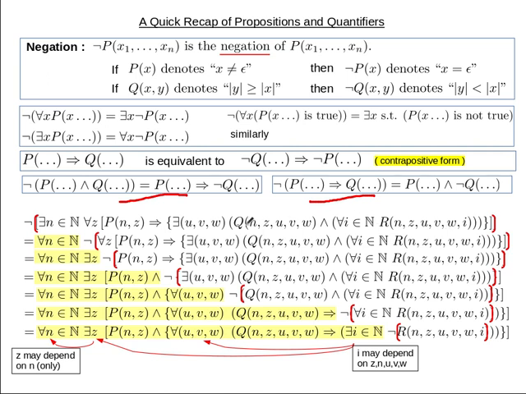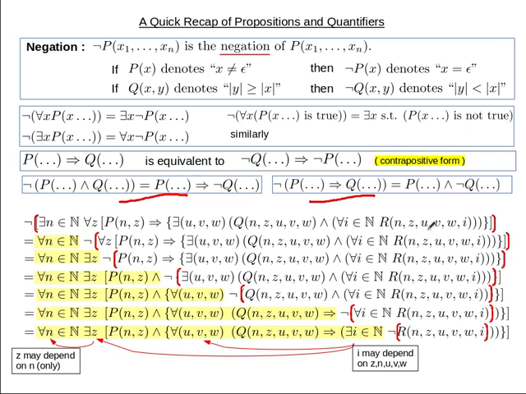You can note it down in your exercise book, just write it down on paper. There exists n for all z, something implies that there exists uvw such that this proposition, and for all i, this proposition is true.